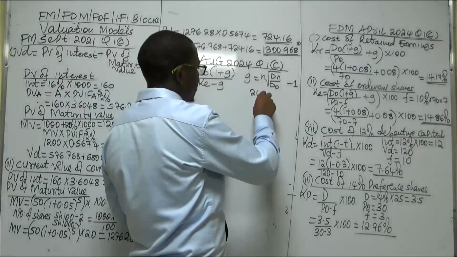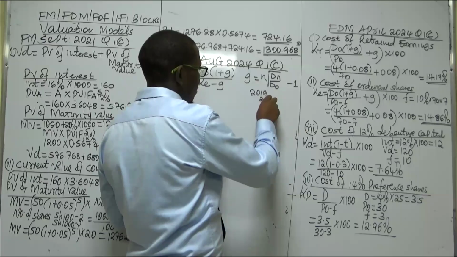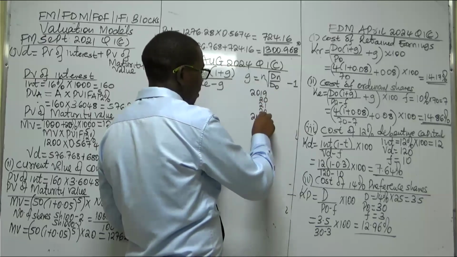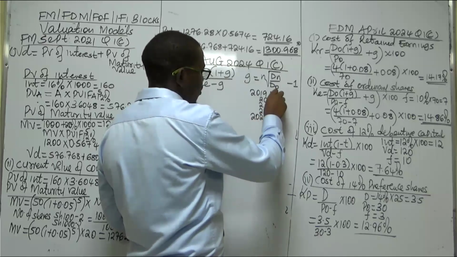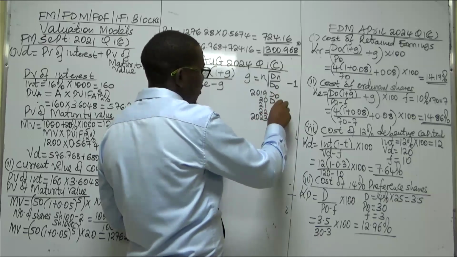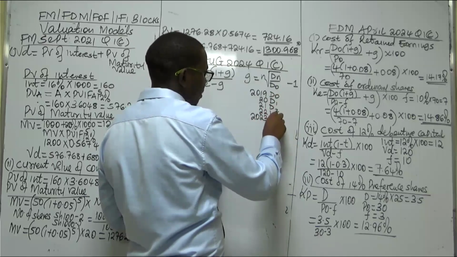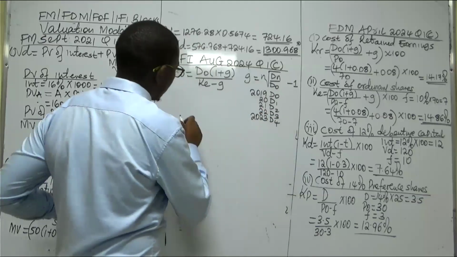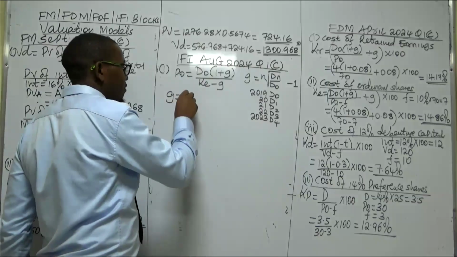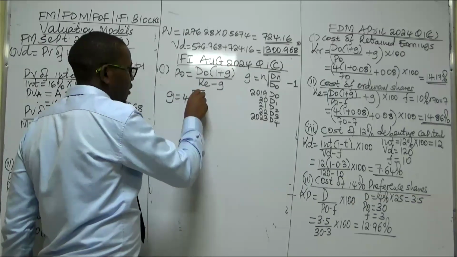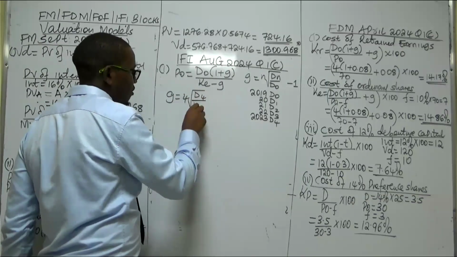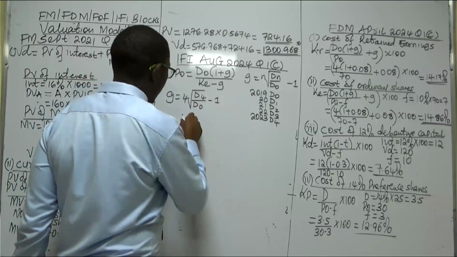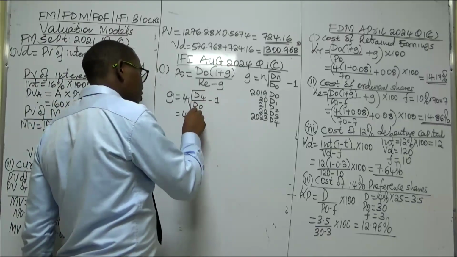We have from 2019, 2020, 2021, 2022, and 2023. This will be our D0, D1, D2, D3, and D4. So our growth rate is simply D4 over D0, 4th root, minus 1. What was the D4?